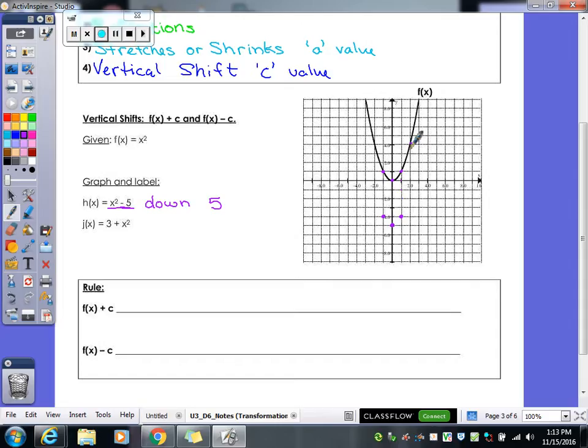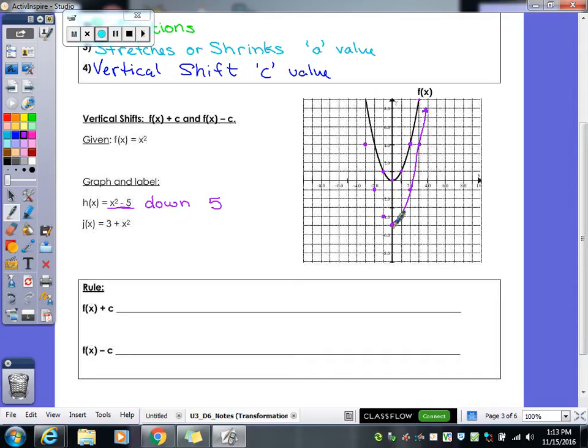So then if I follow my graph, I see another point at 2, 4, so I'm going to move that down 5. And the same thing happens at negative 2, 4. So I move that one down 5. And then at 3, 9, move that one down 5.